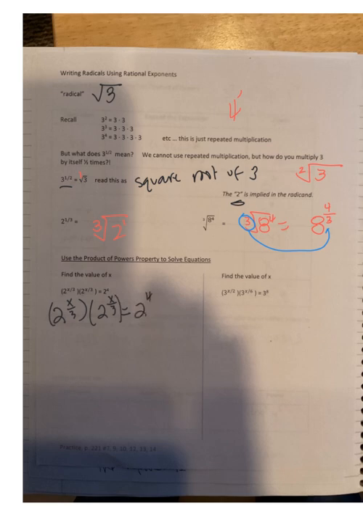If you notice, all the bases are the same. So in a sense, we can just ignore these bases, get rid of them, and if you remember our product of powers, when the bases are the same, you just add those exponents, so we can add these, and it will equal the other exponent.